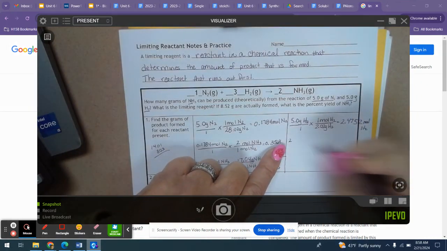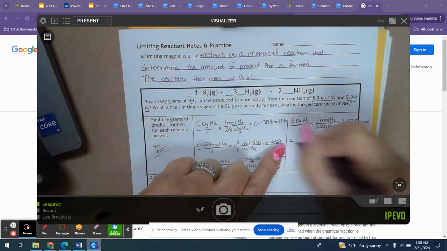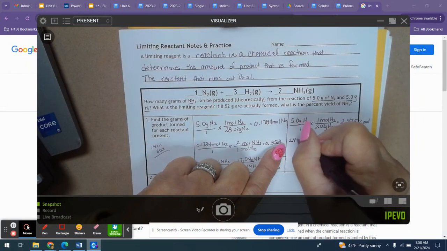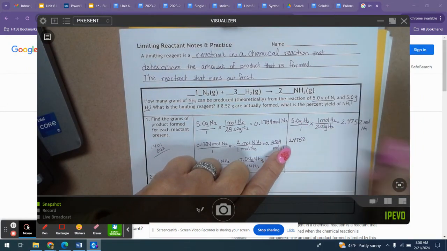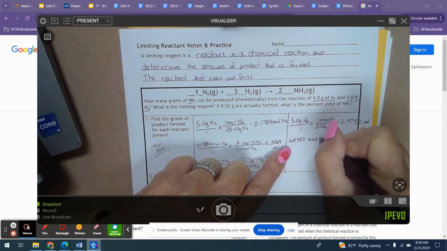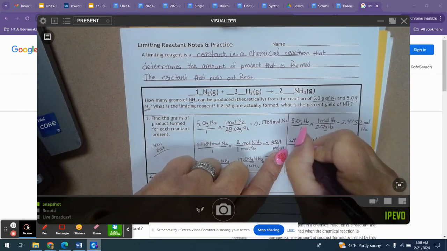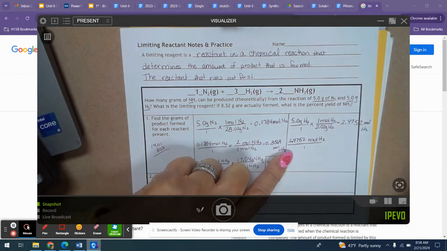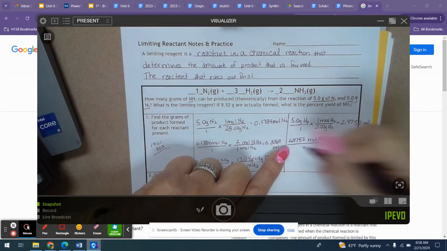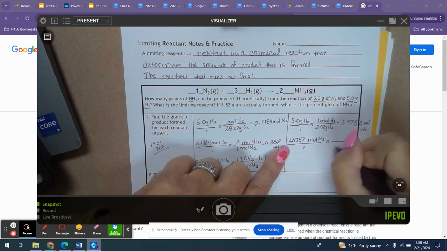So 2.4752 moles of H2. In this step, I'm using the mole ratio, saying if I use this many moles of H2, how many moles of NH3 can be produced?